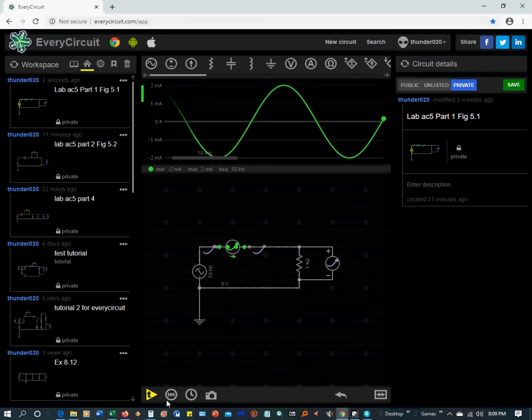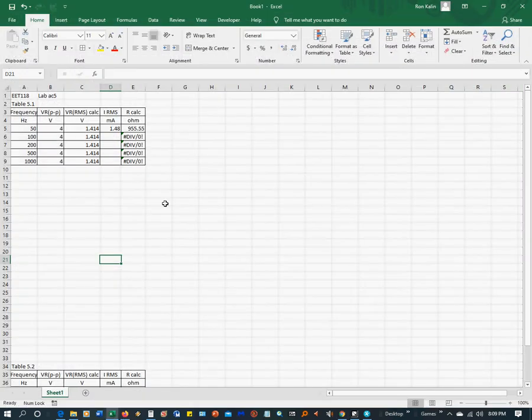So going back to our table, I put a table into Excel. The peak current was 2 milliamps. So I want to divide that by the square root of 2.